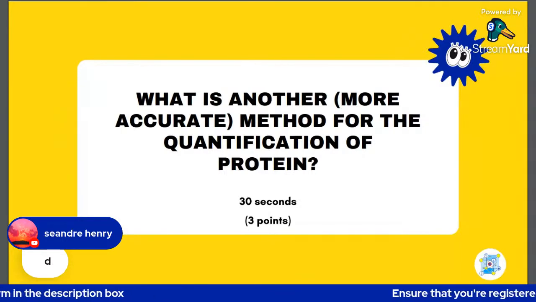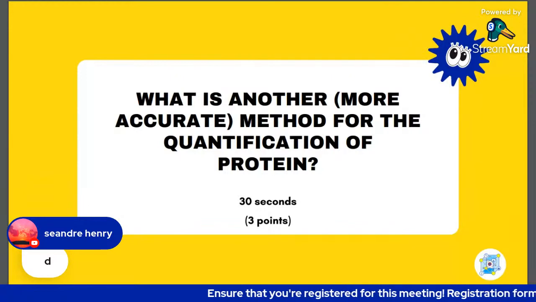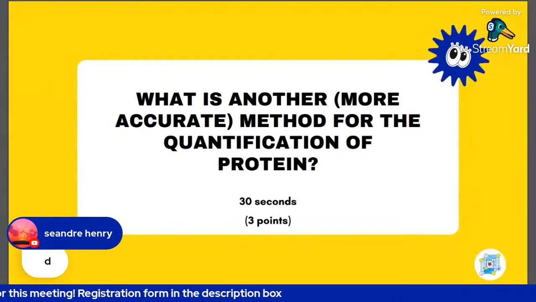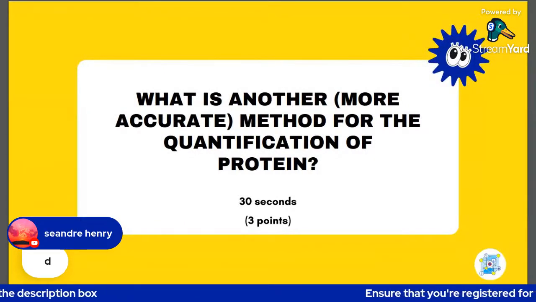But 10, not 10, 20. What is another more accurate method of protein quantification? 10 seconds. I guess we're going to a minute then.